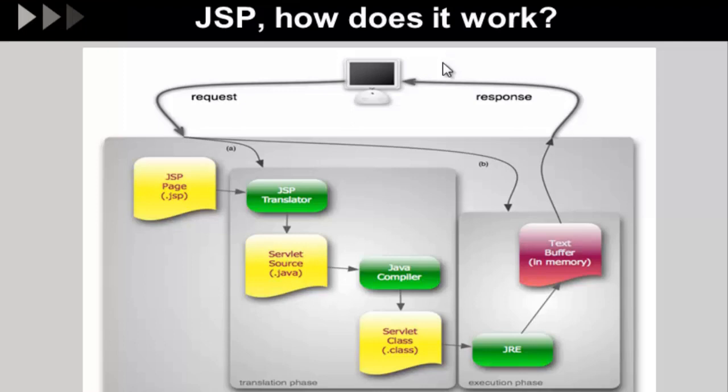What's the advantage? For the first request, slightly more time is involved because it has to convert your JSP file into a class file. For the second request, it's just execution time. So you can save some time in the execution.